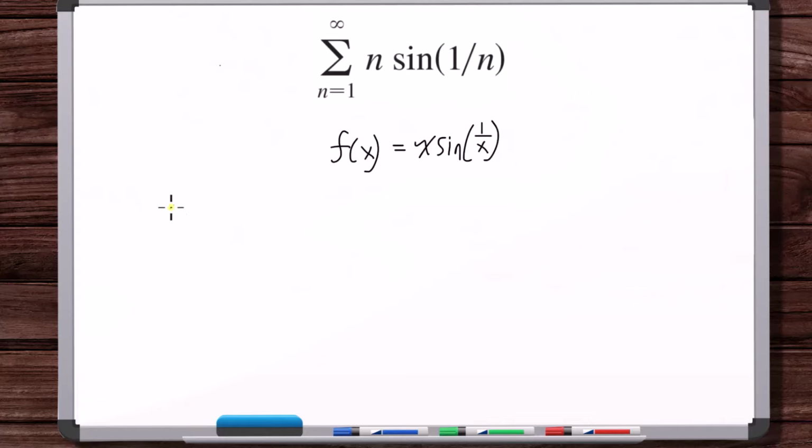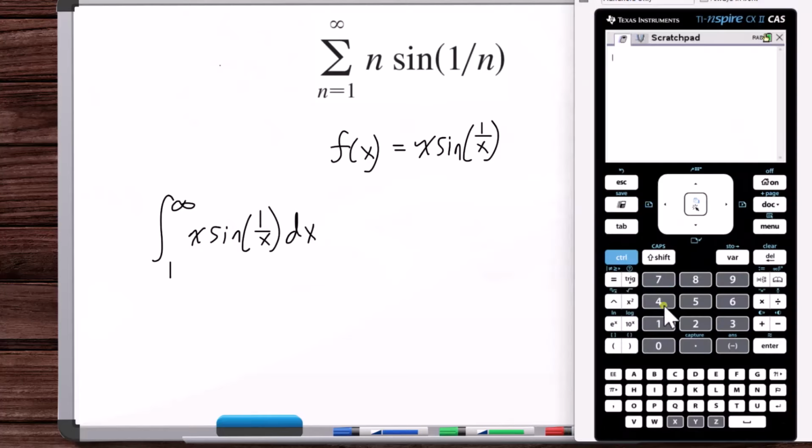All right, so let's use our calculator. x times sine of 1 over x. Store that as e.